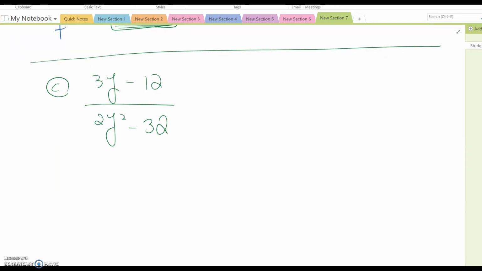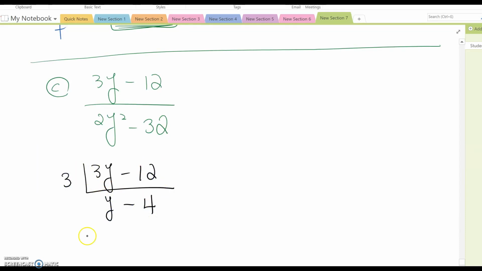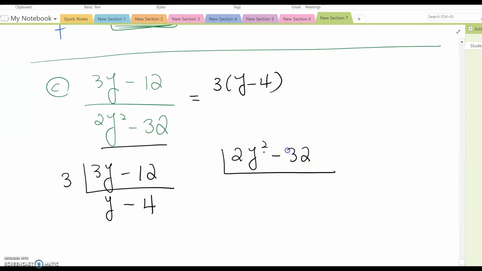So I'm going to bring down 3y minus 12 first. What's the common factor? That's 3. Then it becomes y minus 4, right? So the top becomes 3 times y minus 4. Okay, now this one: 2y squared minus 32. The common factor is 2. So y squared minus 16.